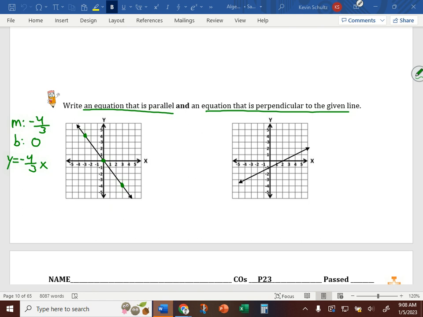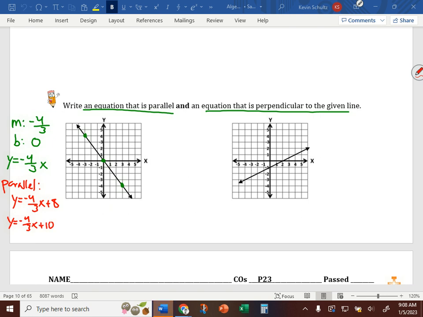And so now you need to write the equation of a line that is parallel to it. Give me a potential equation of a line that's parallel to this one, Nathan. y equals -4/3x plus 8. Good. Give me another potential parallel line here, Andrea. y equals -4/3x plus 10. Good.